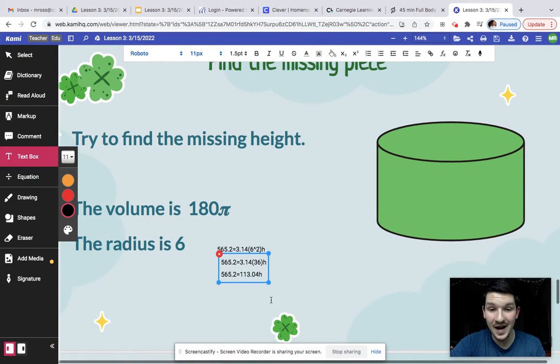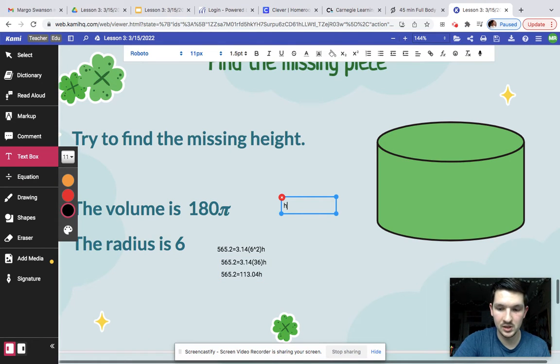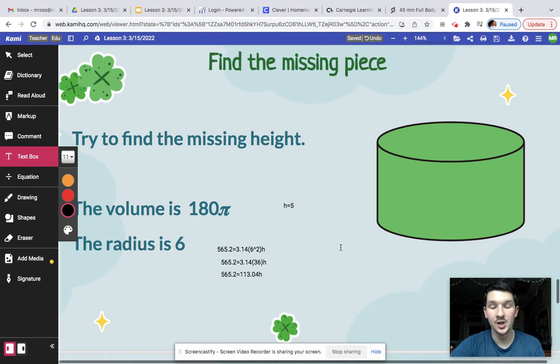We're going to divide by 113.04. So 565.2 divided by 113.04. Our height in this case is going to be h equals 5. You will need to know the process of solving linear equations. So that's how you do that one.